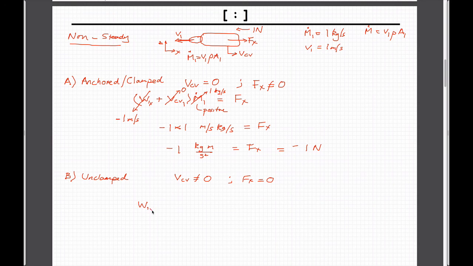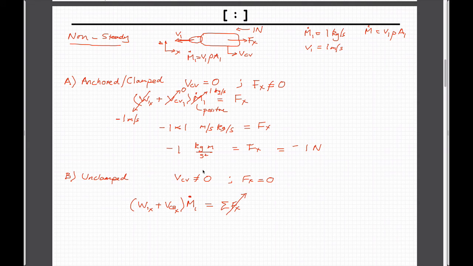Velocity 1 in the x direction plus the velocity of the control surface, again in the x direction, times the mass flow rate at point 1 has to equal the sum of the forces in x.